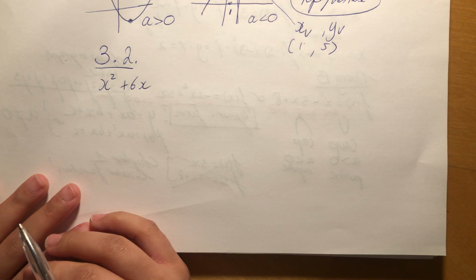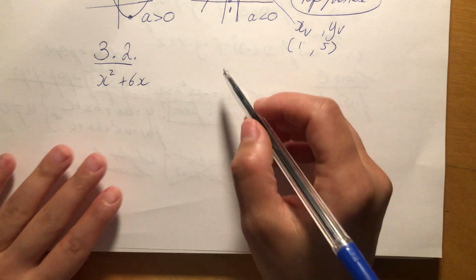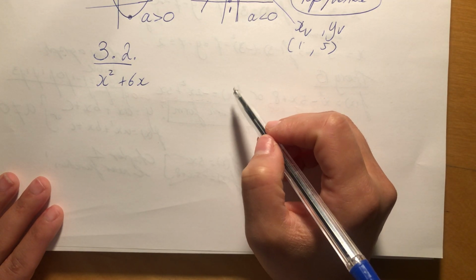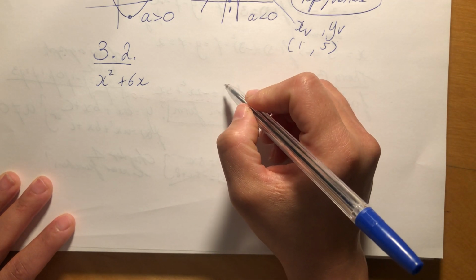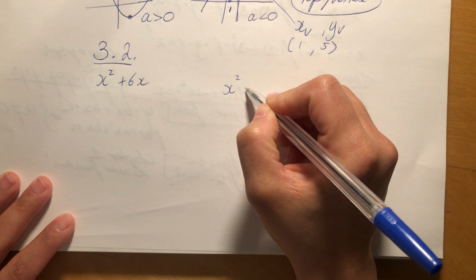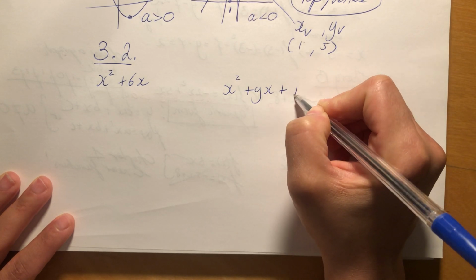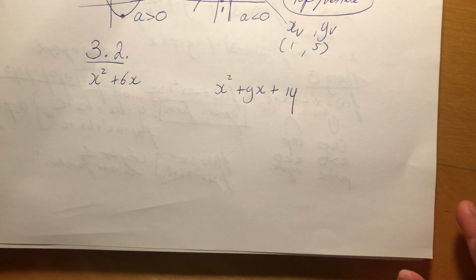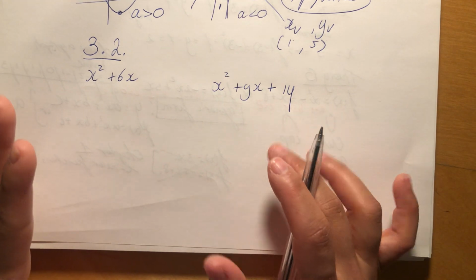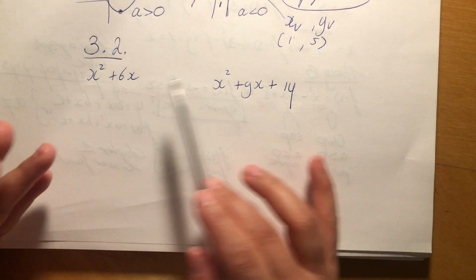Let's just look at this quadratic equation, and let's also look at this one, x squared plus 9x plus 14. Okay, so this is not a formula yet because there's only actually one x in both of them.